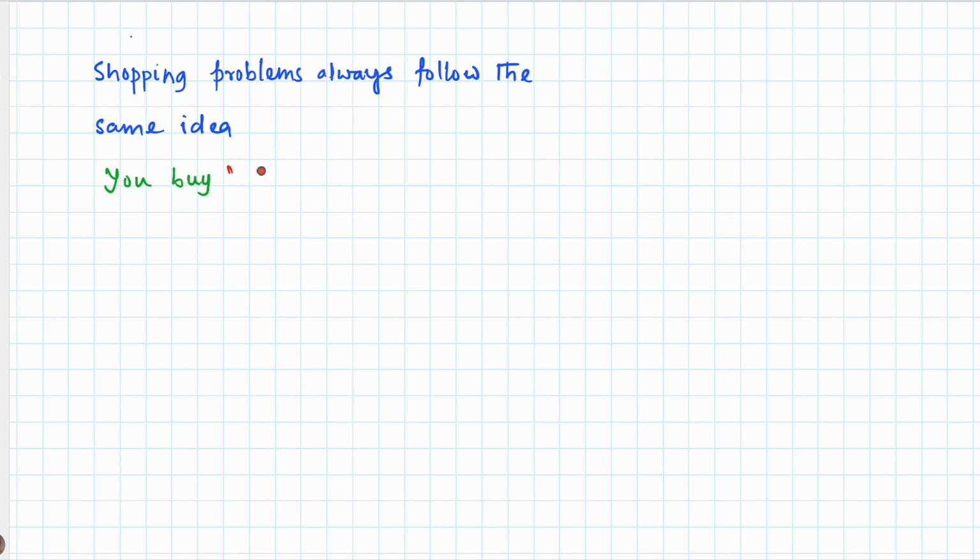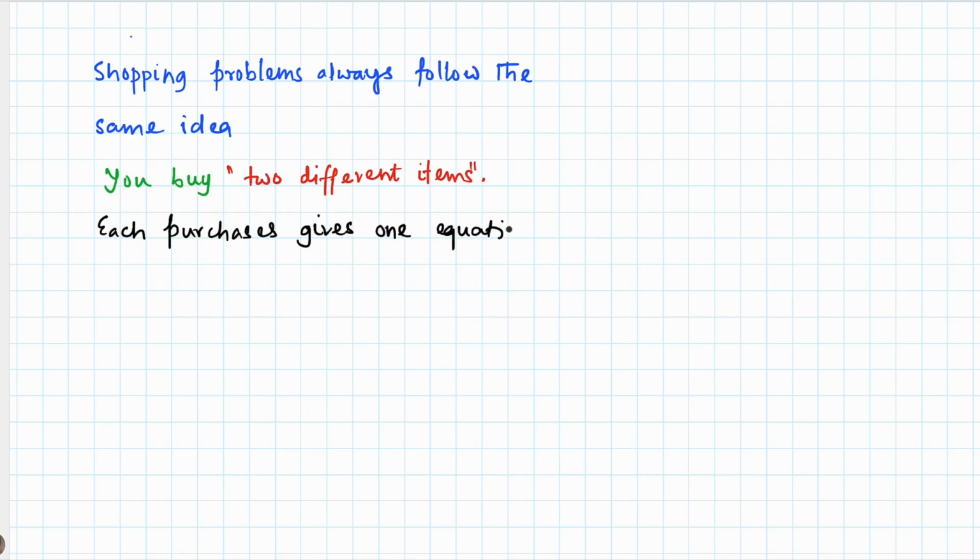You buy, say, two different items, and each purchase gives one equation. So there will be two items and each purchase of these items will give one equation. Therefore there will be two items, so two different equations will form.